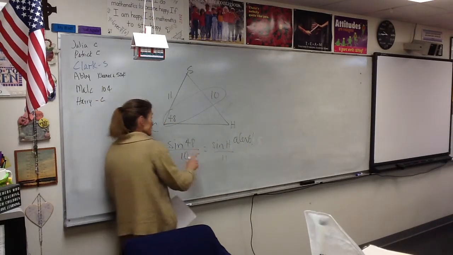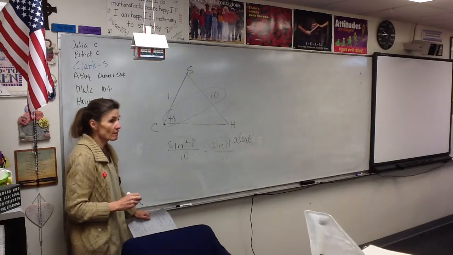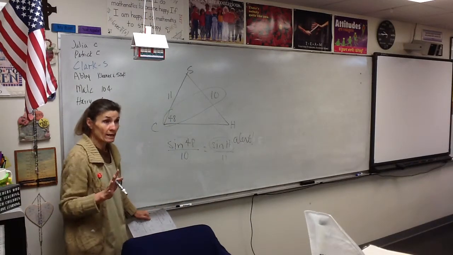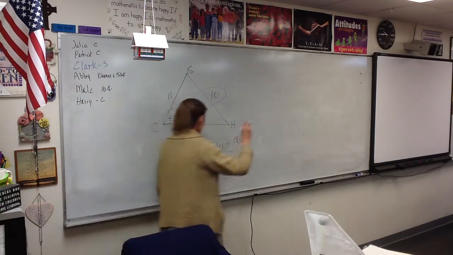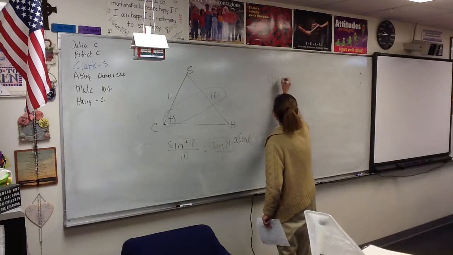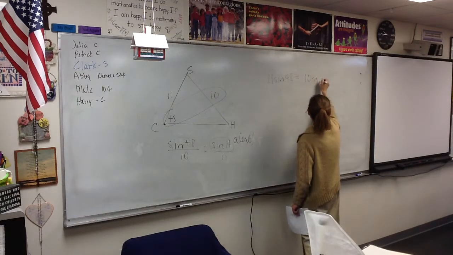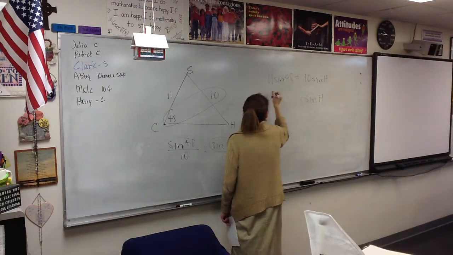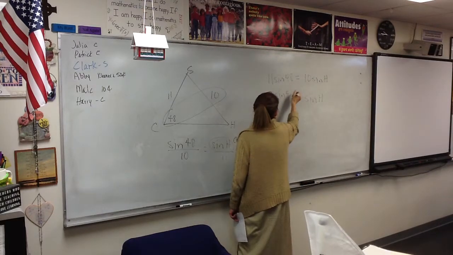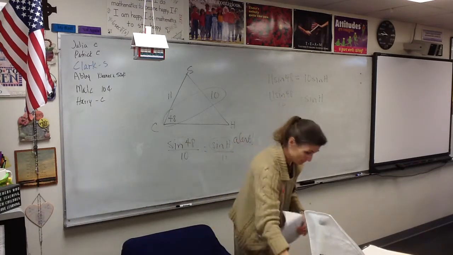Anytime I do my law of sines and my variable is an angle, I know I've got potentially more than one answer, or maybe no answers. So let's cross multiply. So we have 11 sine 48 equal to 10 sine h. So the sine of h will equal 11 sine 48 divided by 10. Now, is everybody okay to that point?